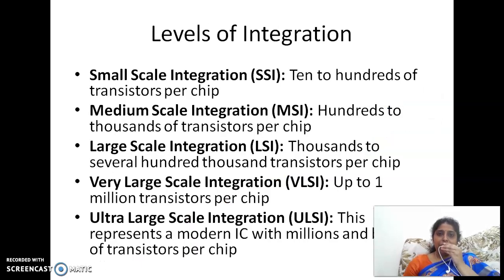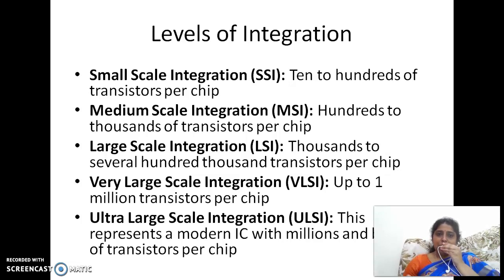Because of his prediction, we are able to see different levels of integration like small scale integration, medium scale integration, large scale integration, very large scale integration, ultra large scale integration, giant scale integration. Likewise, different integrations are the result. How are these defined? Small scale integration is some 10 to hundreds of transistors integrated per chip.